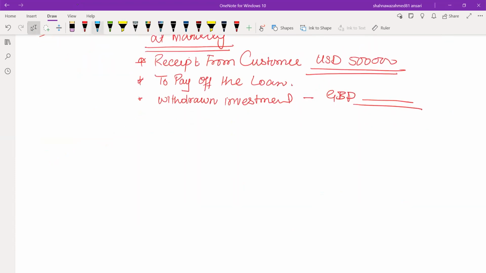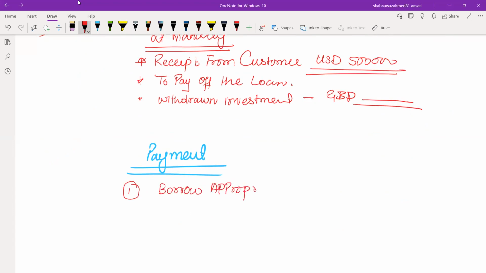And in case of the payment of foreign currency in money market hedging, what will we do? Step number 1, borrow the appropriate local currency, not foreign currency.